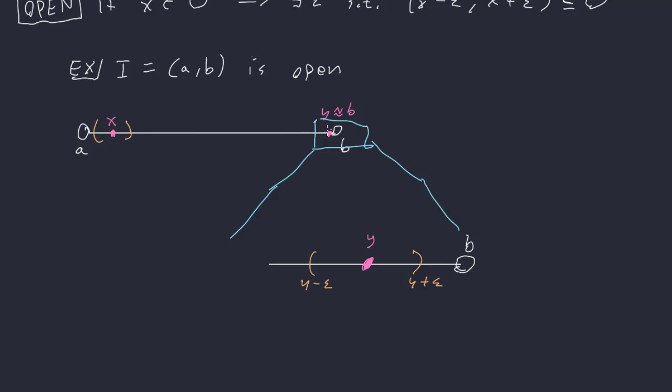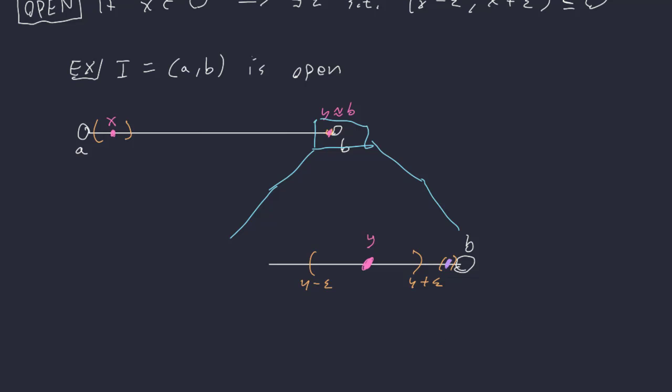Now, on the macro level, it might look like this. You can probably barely see that. But the whole idea of an open interval is we can get as close to b as we want. We could even pick another value here, and as long as we choose an epsilon small enough, we can always put an epsilon neighborhood around that element back into the interval, and it'll still be there.